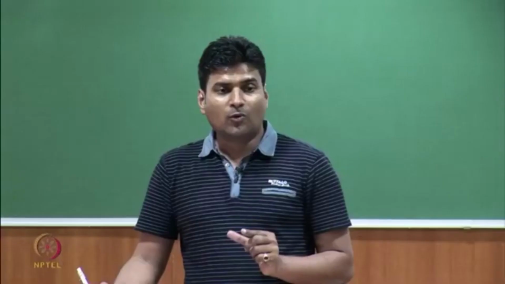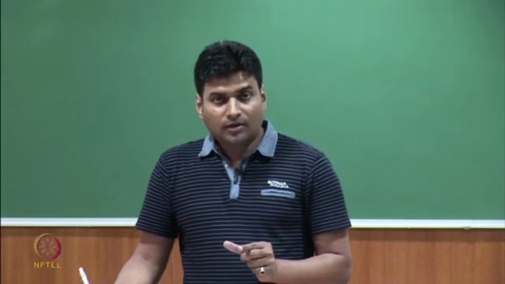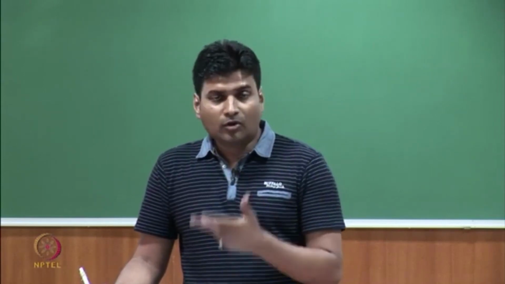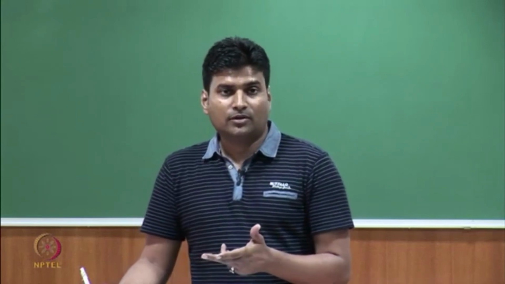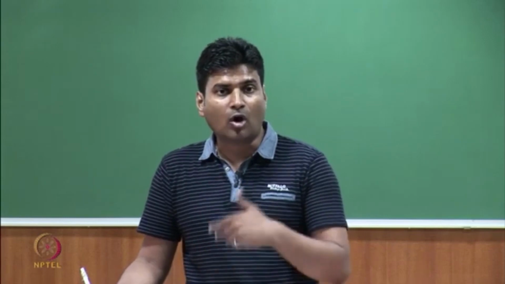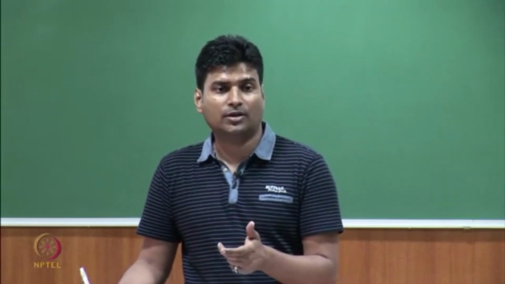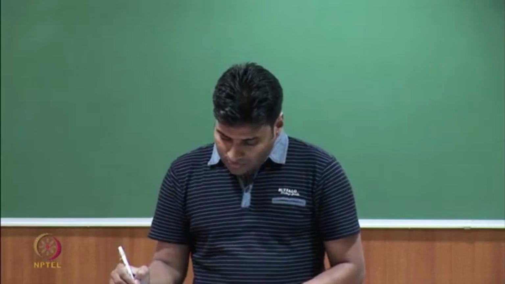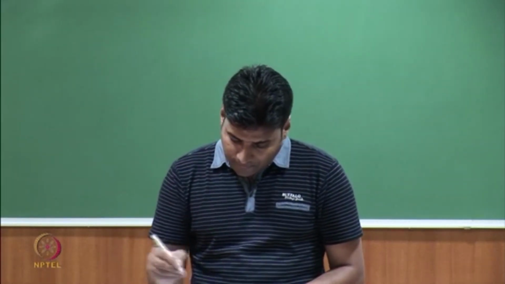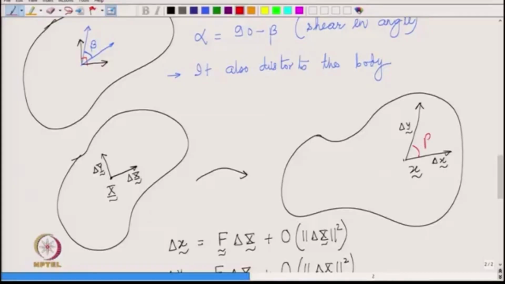Okay, so, what is the final angle of the two line elements? If we do the dot product of delta small x and delta small y, we get cos of the angle between the two, is it not? Suppose that this angle here is beta.